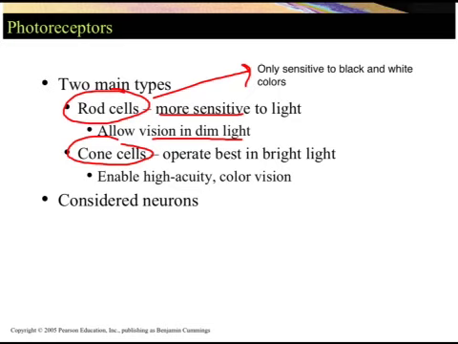Cone cells are different. They operate best in bright light, and they are sensitive to all kinds of color vision. We have a very acute sense of color vision because of the concentration and sheer number of cone cells that we have in our retina. Both of these photoreceptors are considered neurons.